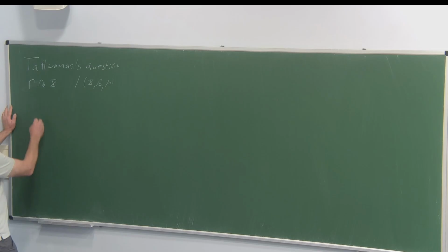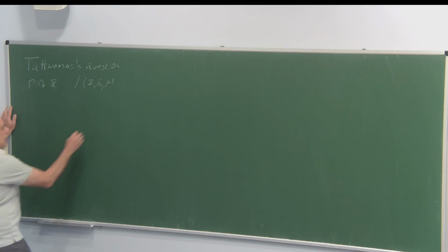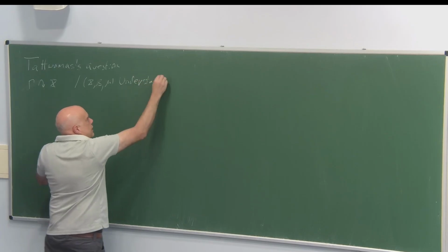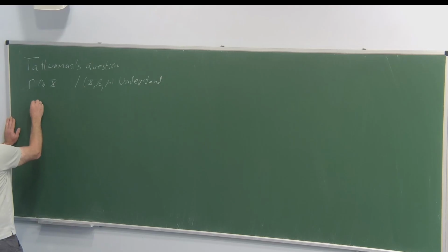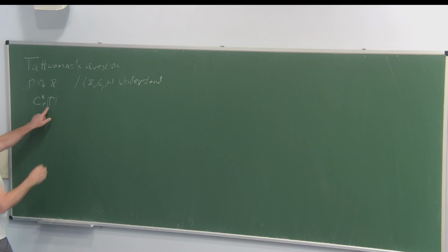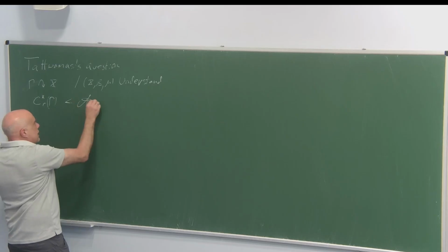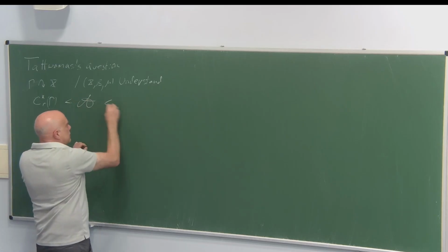And you want to classify or understand the intermediate algebras of the following form. You look between the reduced C-star algebra of the group and the cross product.